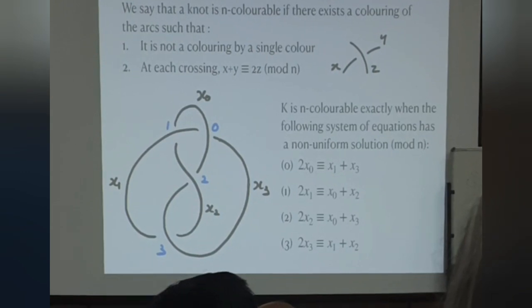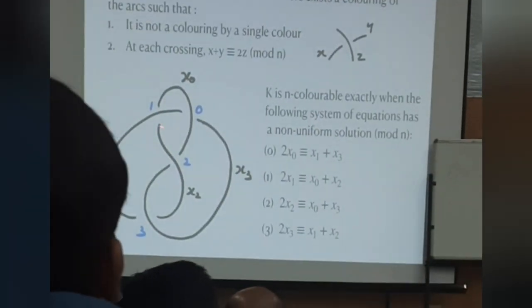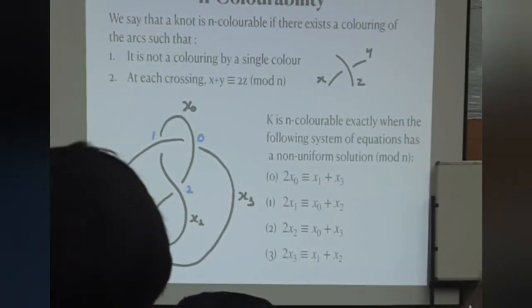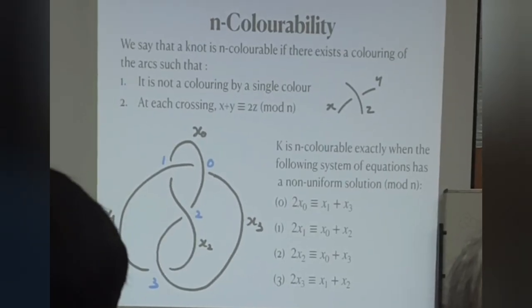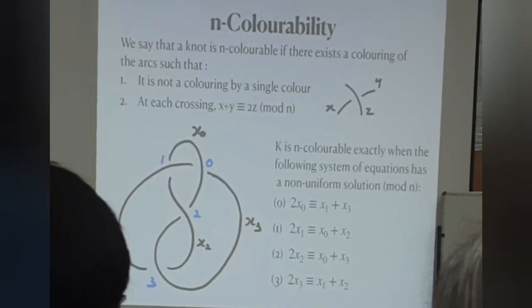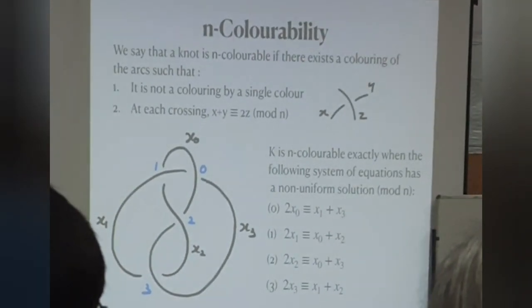Right, so at every crossing I had an equation, and the equation is made up of these xi's. Xi's are going to tell me which colors to put over there. And the colors now are numbers. Colors can be 0 to n minus 1, any color. So I'm looking for some solution for this. The first rule says that it should be non-uniform, which means that all the colors should not be the same.